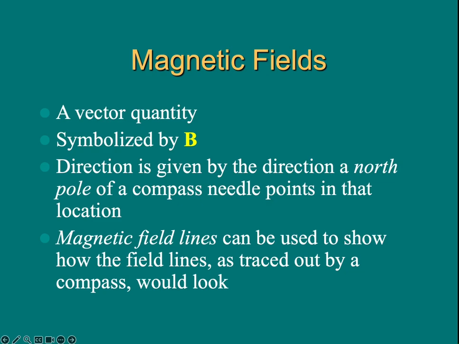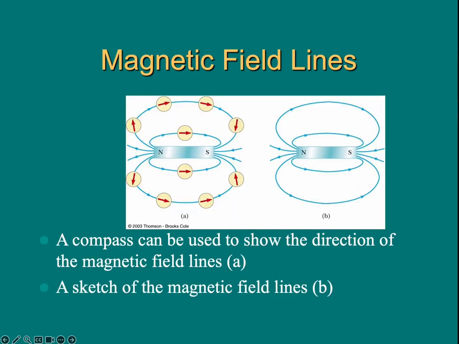Magnetic field lines are then a good way to show how the field is oriented and traced out by a compass. This is a typical magnetic field generated by a bar magnet.